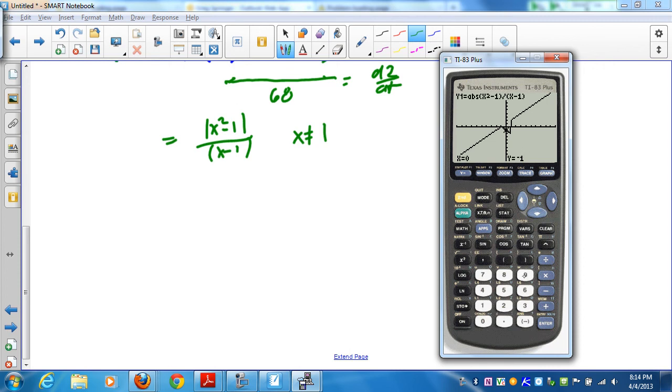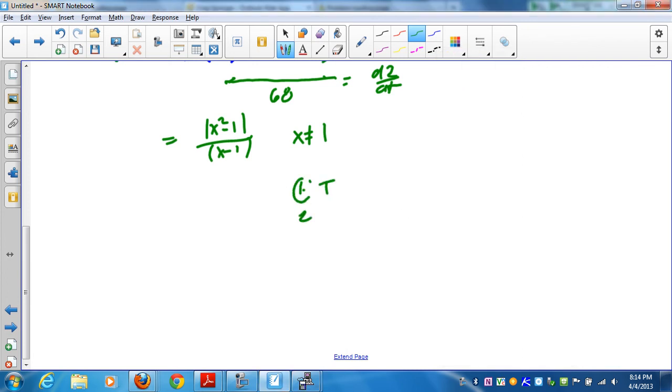Is it continuous at -1? Well, no reason to second guess if we have the calculator up here. We can put our cursor right at -1, and it certainly looks like it's continuous, right? Is it differentiable there at -1? No. So at -1 it's continuous, so number 1 is true.